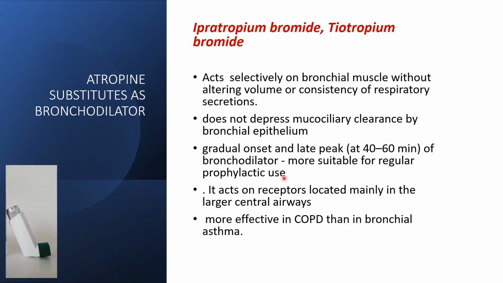They have a gradual onset and very late peak of bronchodilator action. So they are more suitable for regular prophylactic use rather than the control of an acute episode of bronchial asthma. In those situations, beta-2 agonists are the drug of choice. These drugs act on receptors located mainly in the large central airways, whereas beta-2 adrenergic agonists act on smaller airways.